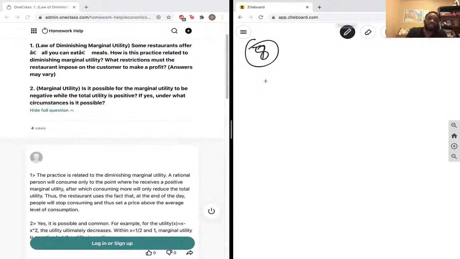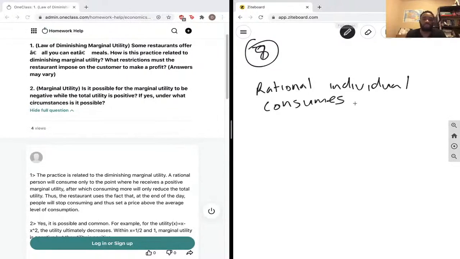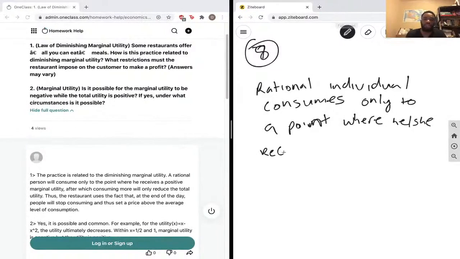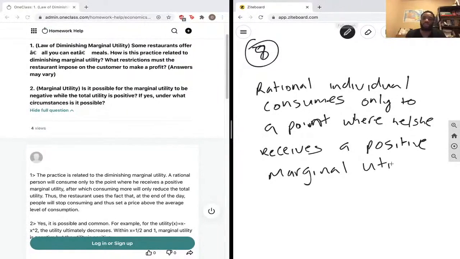So, first things first, we know that a rational individual consumes only to a point where he or she receives a positive marginal utility.